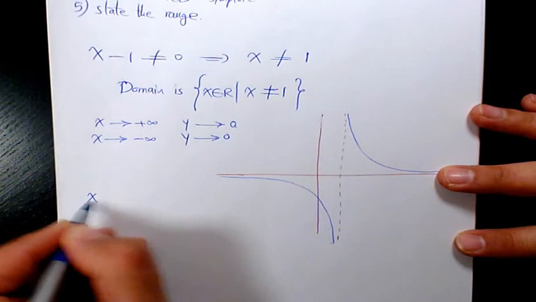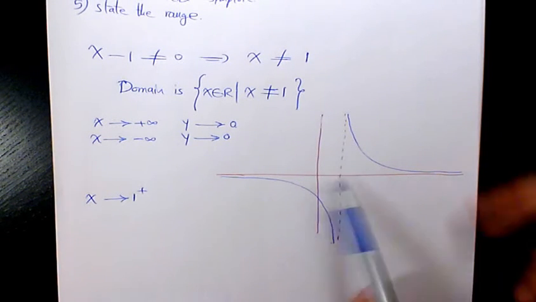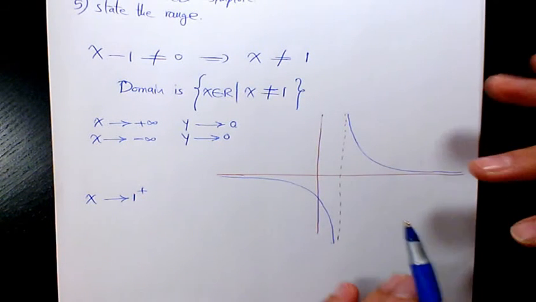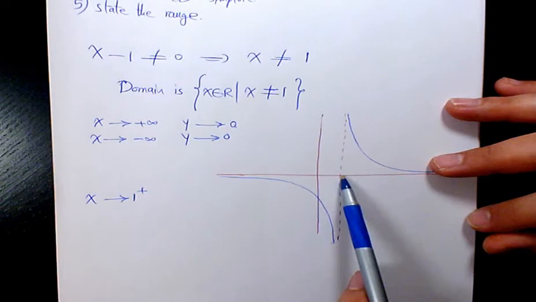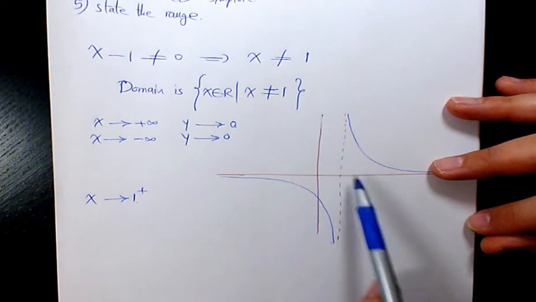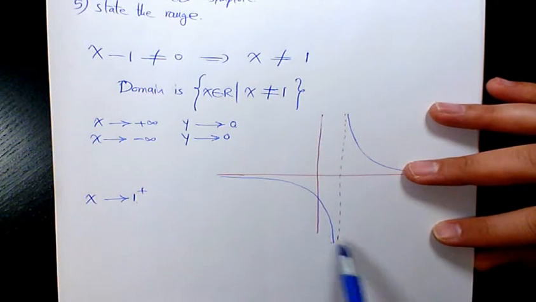When x approaches 1 from the plus side, it means something a little bit greater than 1. Both sides are actually positive because it's around positive 1. So this one is slightly greater than 1 and the other side is slightly less than 1.